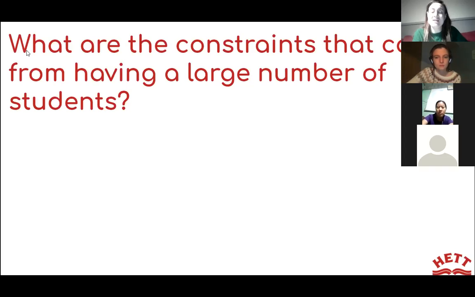So how is it a constraint? How is it a limitation? Why is it a problem to have a large number of students?